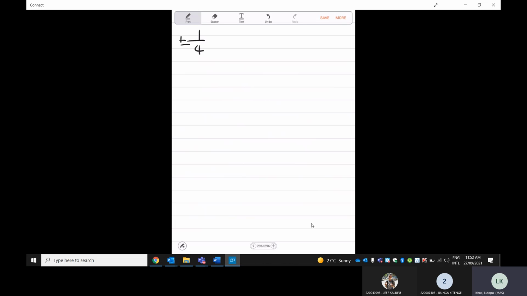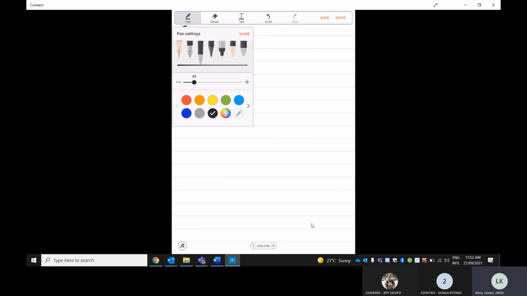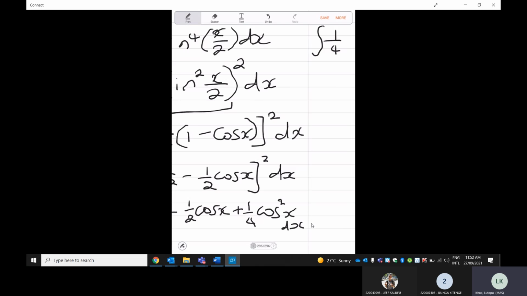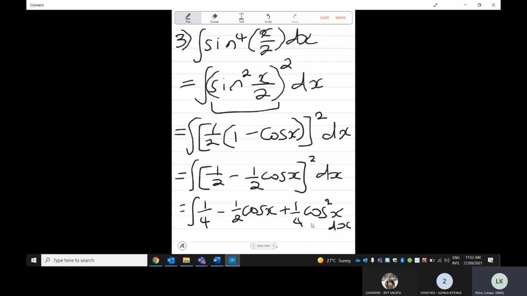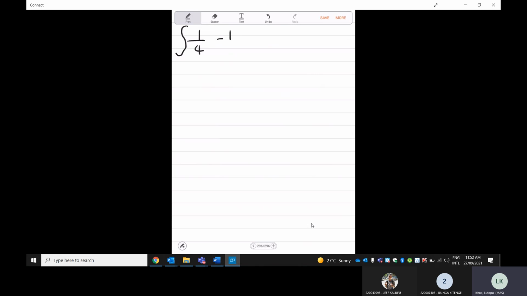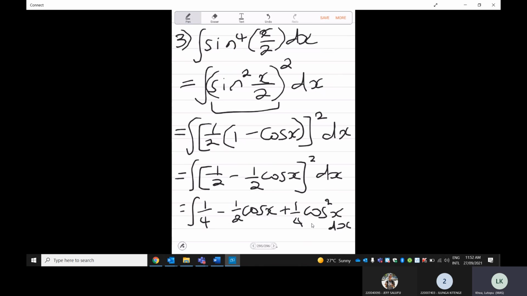Sorry, I'm missing my integral. So the 1 over 4, I have to integrate that. Then minus a half cos x. And then this 1 over 4 cos squared x, the cos squared x is the one that I rewrite as a half 1 plus cos 2x.